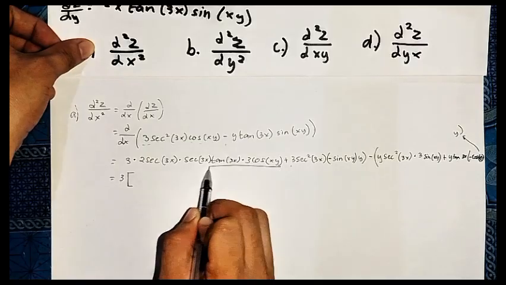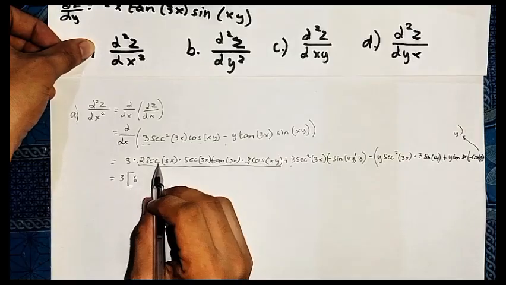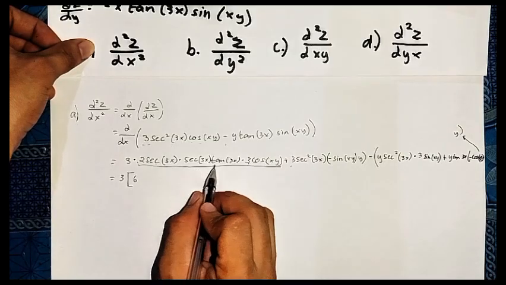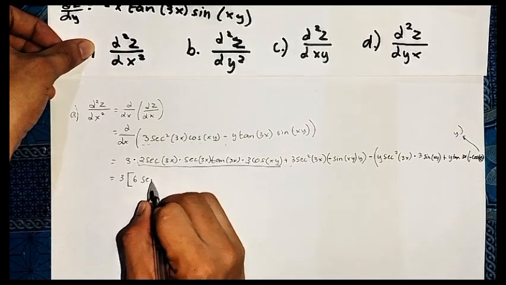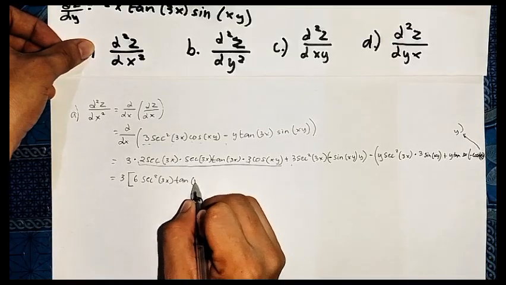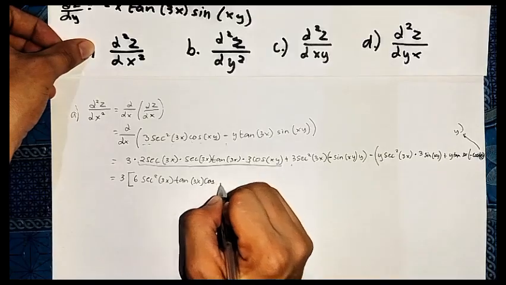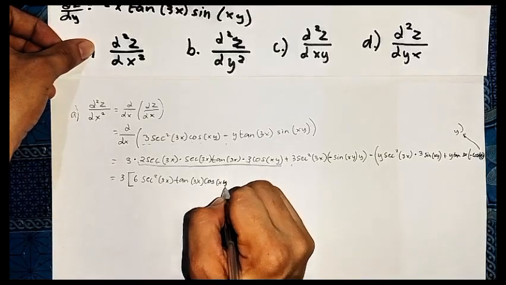Here 3 times 2, we have 6. Secant 3x times secant 3x tan 3x, we have secant squared 3x tan 3x. Now we have cosine xy.